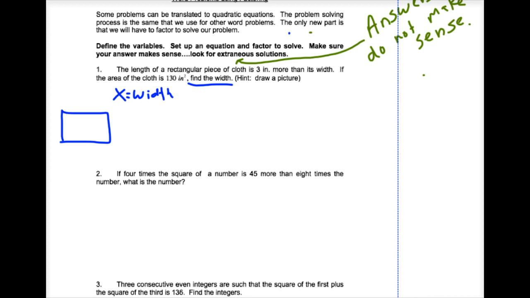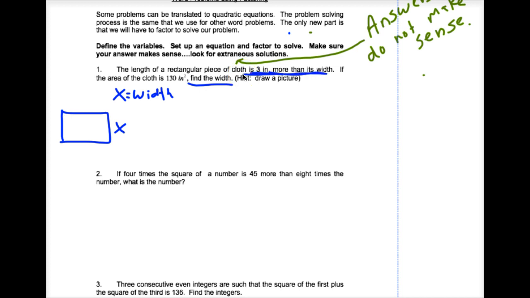Put the short side as X. And then, don't blurt it out, what's the length of the longer side? We're not going to use two X variables. It's X plus 3, because it says the length is 3 inches more than the width.